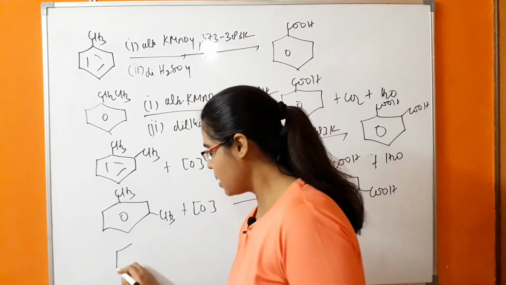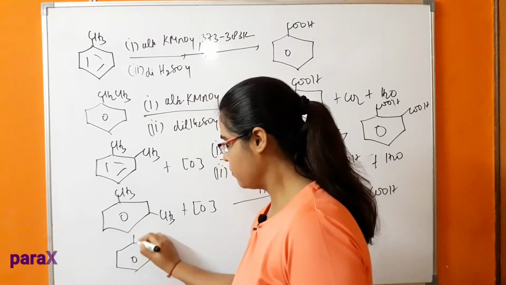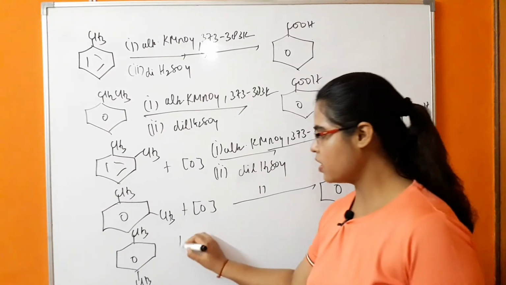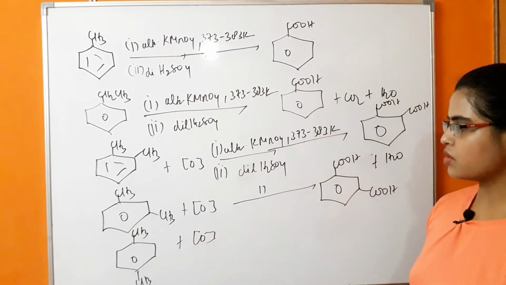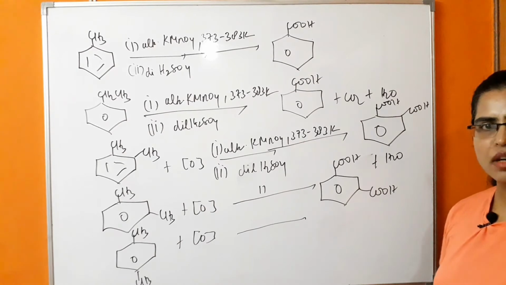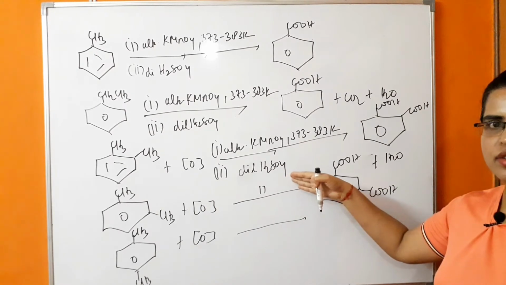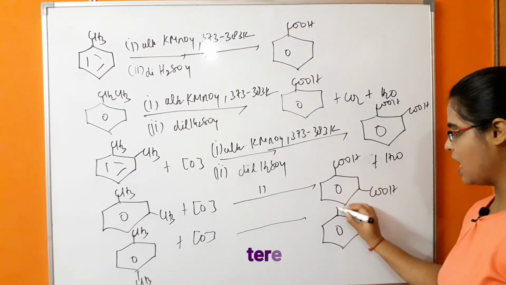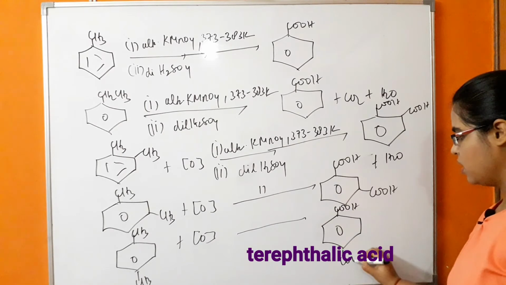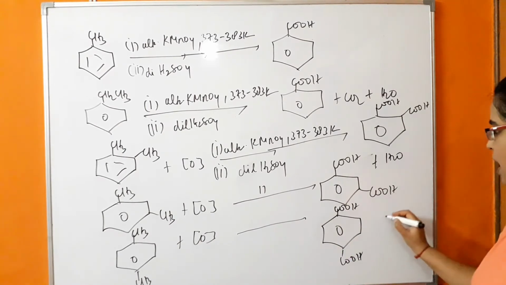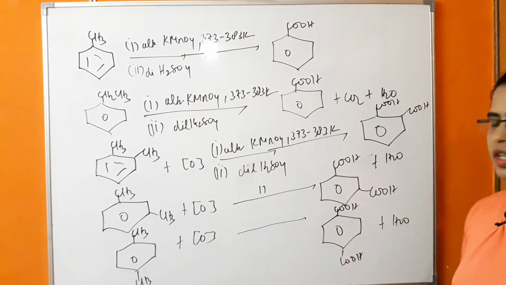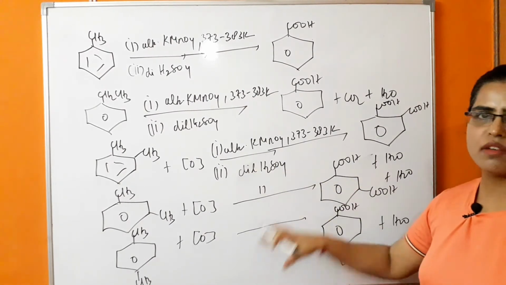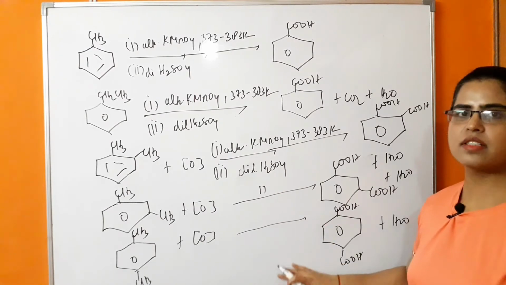If we take paraxylene and it is oxidized in the presence of hot KMnO4, and further acidic hydrolysis is done, there is formation of terephthalic acid, with removal of H2O. Similarly, in this case also there will be removal of H2O. Every time you write the reaction, you have to balance it.